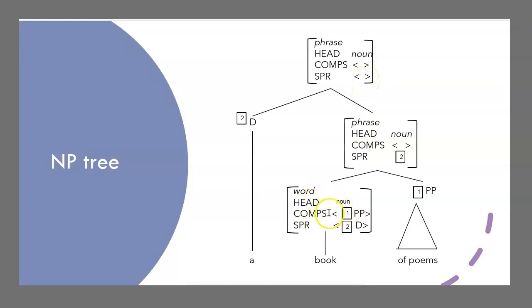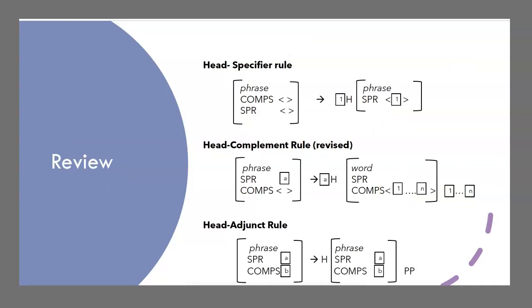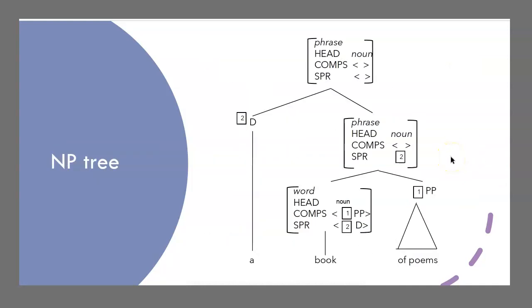Let's see that. If you have a word like give, then you will have two complements. All of them will combine here, and this has to become an empty list. If only one NP combines, then the PP remains, so it becomes unsaturated and cannot combine with another phrase. The complement rule clearly says whatever complements you have have to be combined with the head. So you will never have a binary tree.